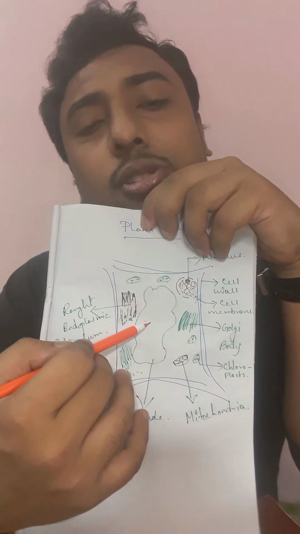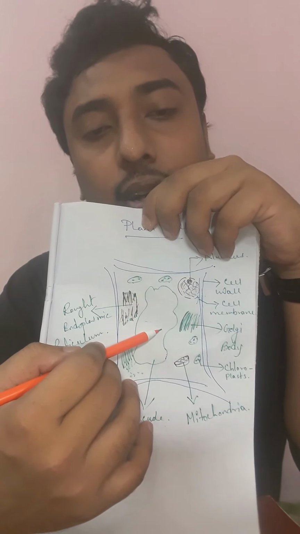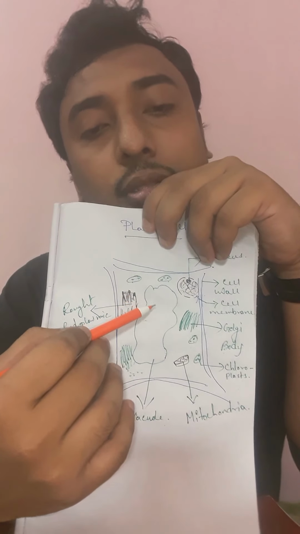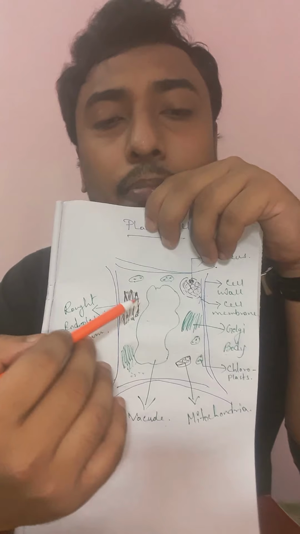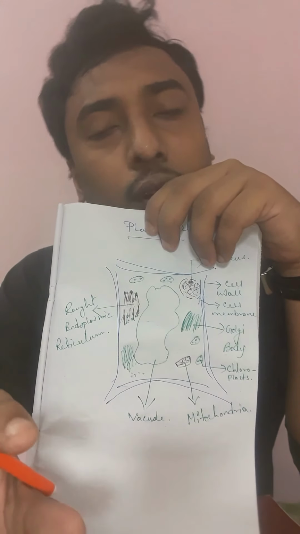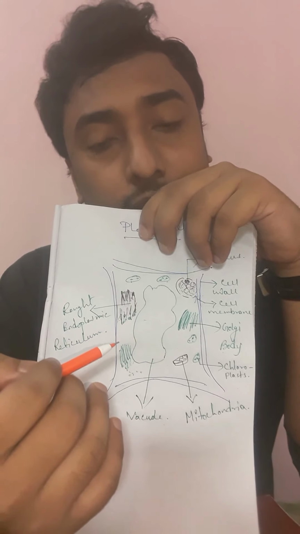Cell vacuoles are also present in animal cells, but they are inactive and small. In plant cells, cell vacuoles are large. Why? In plant cells, cell vacuoles help to store food for the future, as well as sometimes excretory products, as plants can't excrete regularly, but the animal body can excrete regularly.